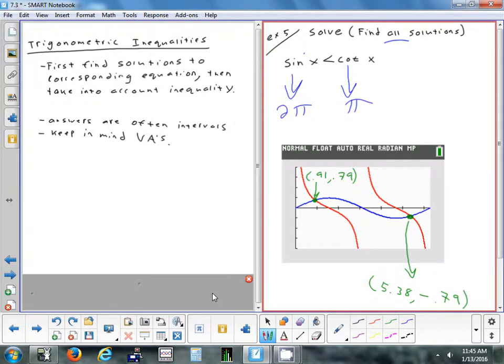All right, so how many sections are there where the blue is below the red? Where is the sine less than the cotangent?